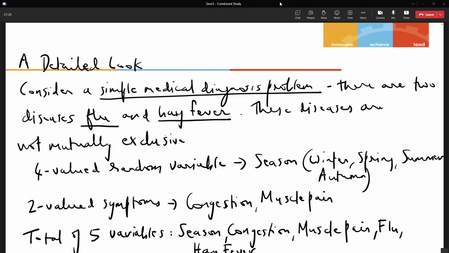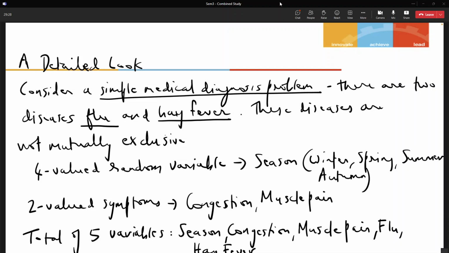Because in graphs, we only know the dependencies. We don't know which node will have what impact, right? And we know that things are not certain. It's not like every time the season is winter, I will have a flu. There is a percentage.